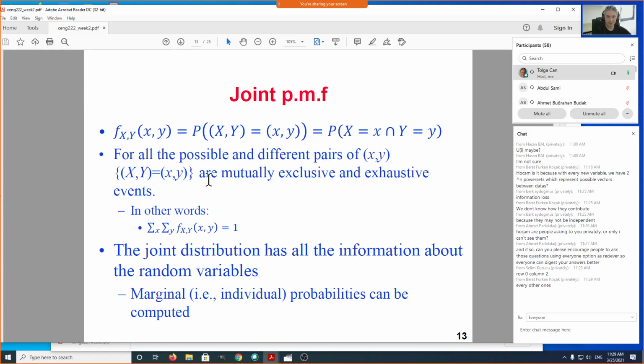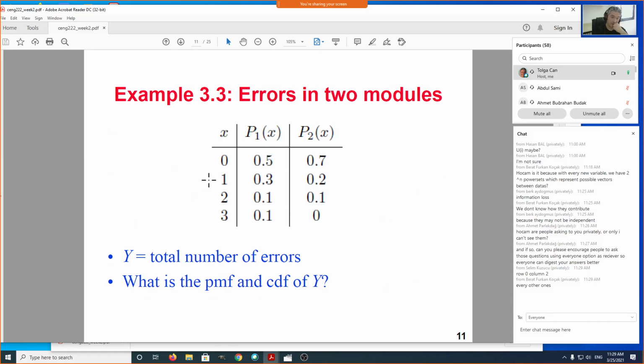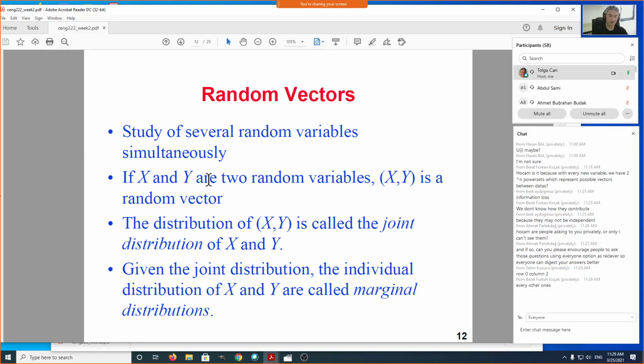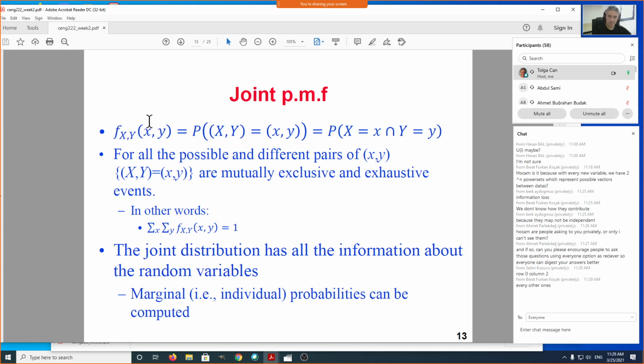All right, so this is what the joint probability distribution is. The entry in the joint probability mass function tells us the intersection of these two events, where X is equal to x and Y is equal to y. For all possible pairs, these are all mutually exclusive and exhaustive events.